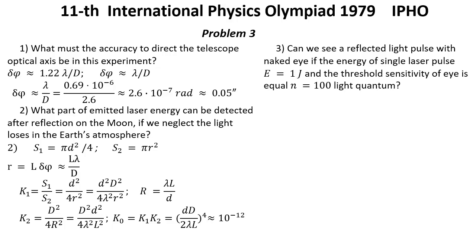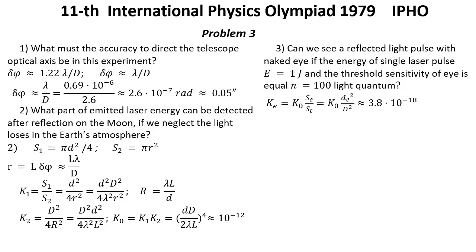The pupil of a naked eye receives a smaller part of the light flux compared to the telescope, as the area of the pupil S_e is less than the area of the telescope mirror S_t. So we have K_e equal K0 multiplied by S_e over S telescope, which is about 3.8 multiplied by 10 power negative 18.